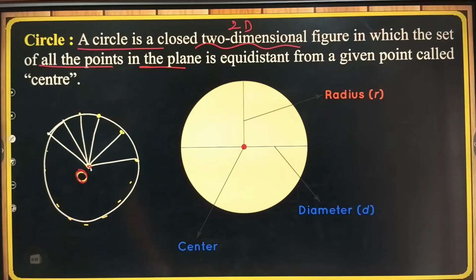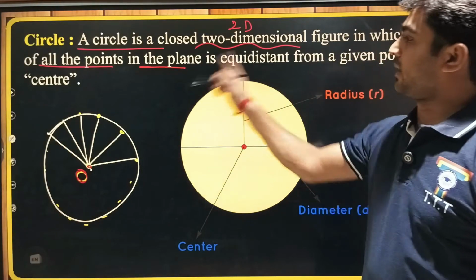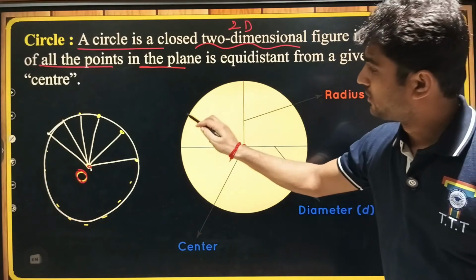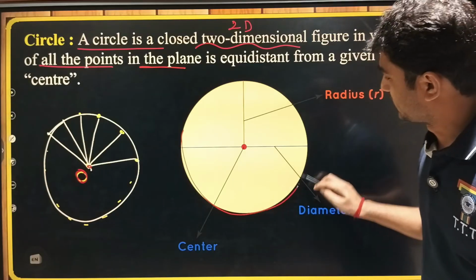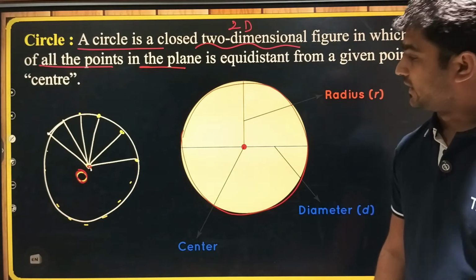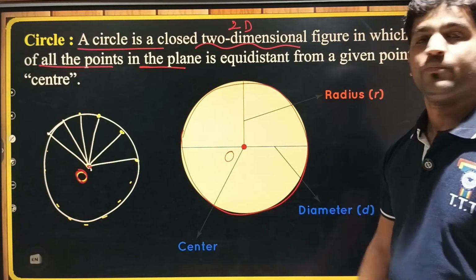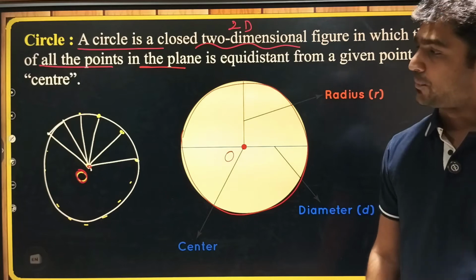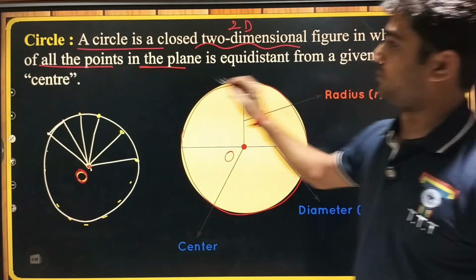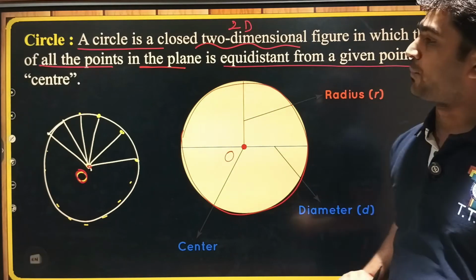If you are going to consider a circle, here is one more example. The yellow color that you see, this is a circle, no? In this case this is the center point, let's call it O. I said that there is one condition: equidistance from a given point called center.